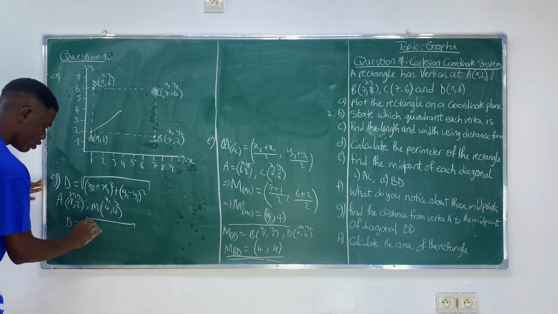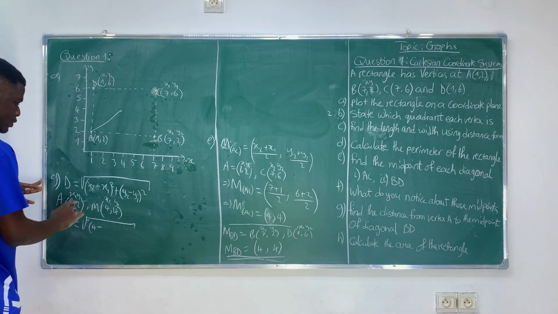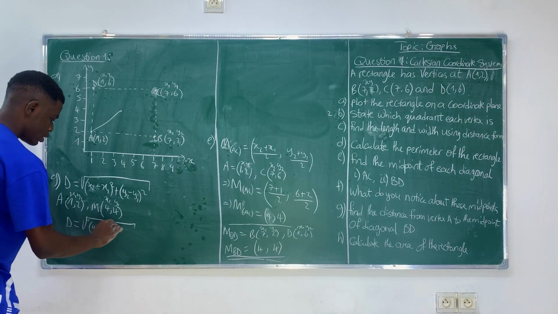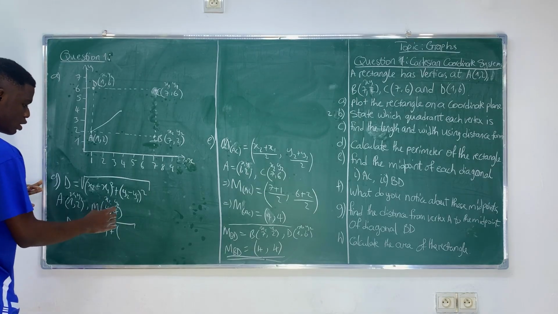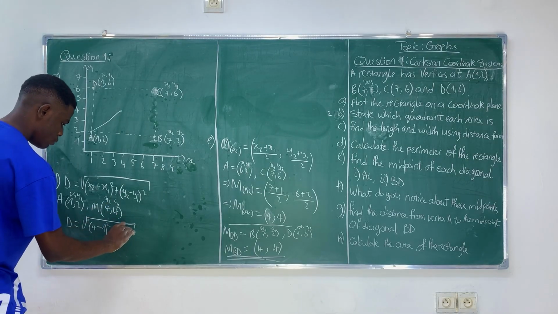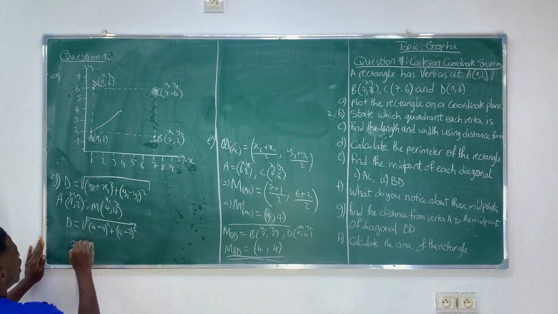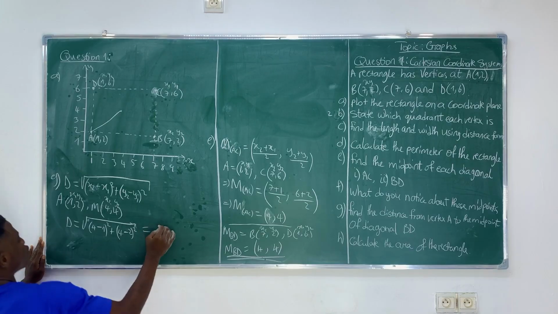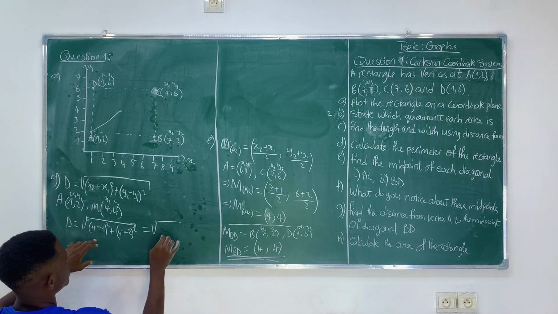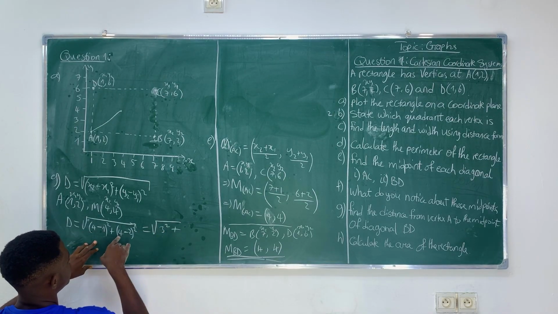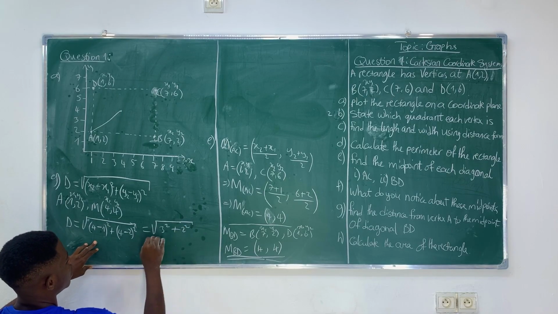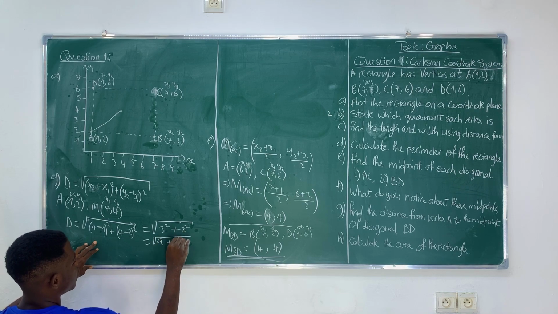So what's my x2? 4 minus x1, 1, squared, plus what is my y2? 4 minus my y1, 2, squared. I'm going to have the square root of 4 minus 1, which is 3 squared, plus 4 minus 2, 2 squared. That is equal to the square root of 3 squared, 9, plus 2 squared, 4, being equal to the square root of 13 units.